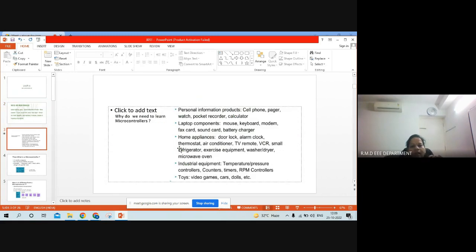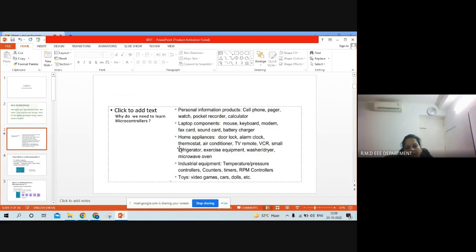First, why we need to learn the microcontroller: because nowadays, in our day-to-day life, we are using a lot of devices. It may be personal information products, home appliances, industrial equipment, or toys. In almost all these applications, we have a microcontroller.